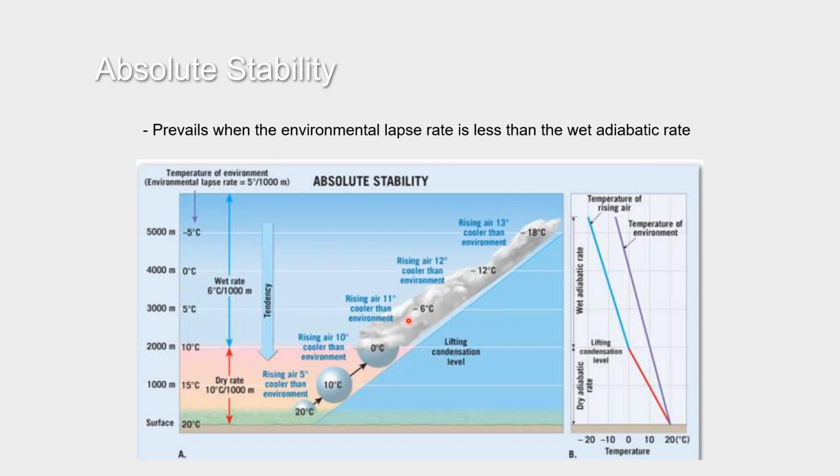These flat widespread clouds are generated, and also precipitation, if it sometimes happens, will be light to moderate. It depends on the moisture content of the air. So this is what we call absolute stability.